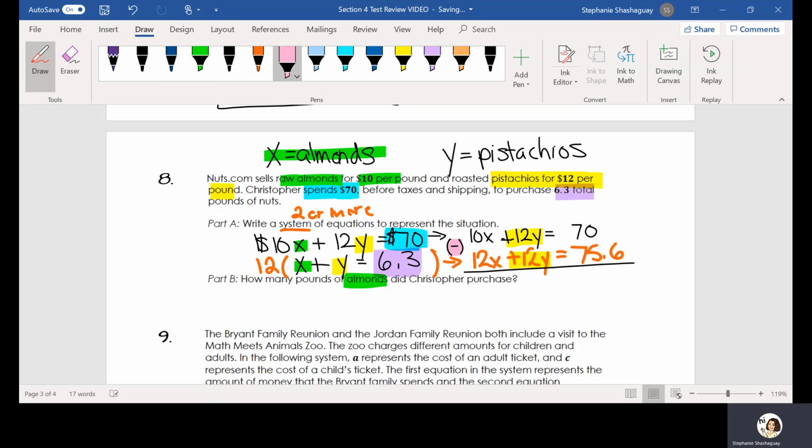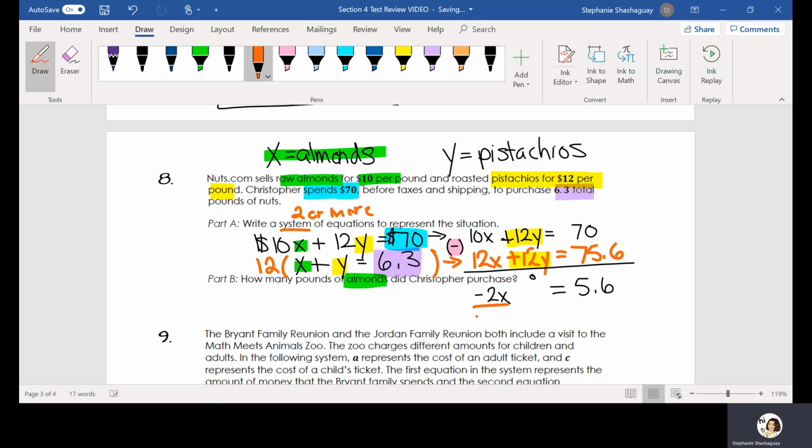Okay, I'm going to subtract the two equations from each other and solve for x. 10x minus 12x gives me a negative 2x. 12y minus 12y gives me 0. 70 minus 75.6 is going to give me negative 5.6.